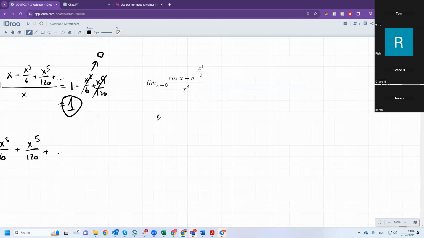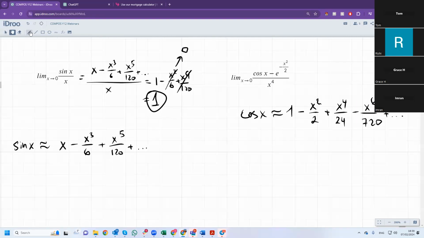We know that cos x is approximately 1 minus x squared over 2 plus x^4 over 24 minus x^6 over 6 factorial, 720, plus etc. By the way, an interesting thing, if you remember, sine is an odd function, and it contains only odd powers of x.